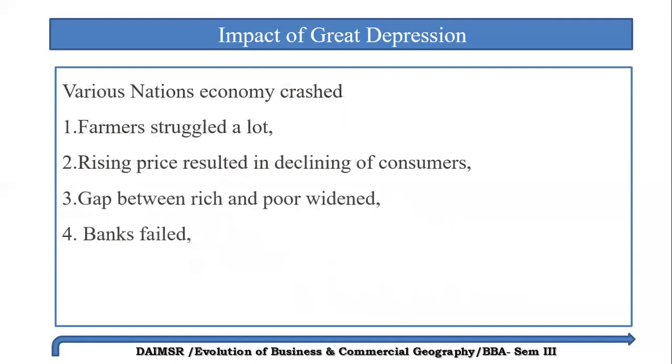So major problems were there in the US at that time. Its economy shrank. Okay, there was a very negative social impact: unemployment, banks failed, stock market crash, deflation. Everything happened during the Great Depression. So the US saw a hard time during those 10 years.